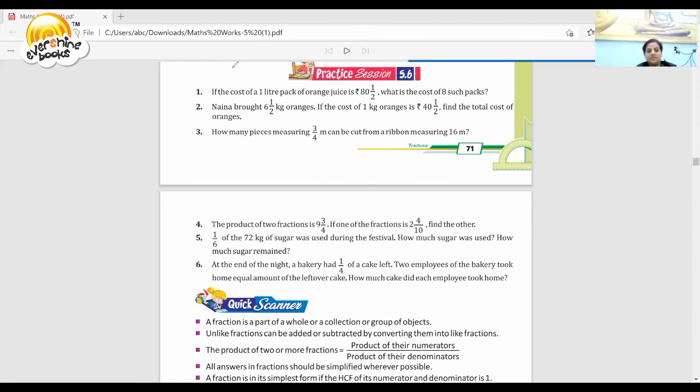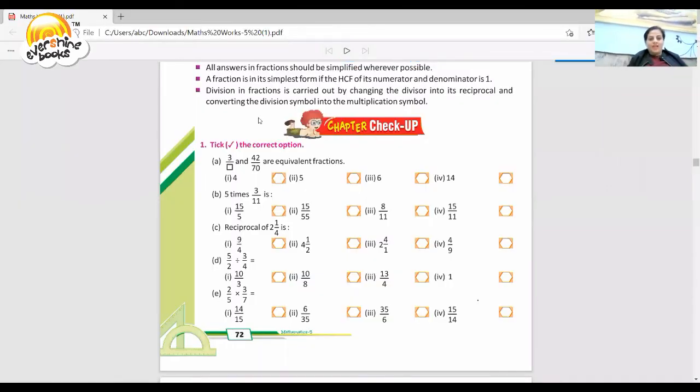Okay students, now we will do a quick revision. Quickly we are going to do our chapter checkup. In that, 3 and 42 are equivalent fractions. 3 14s are 42, and 14 5s are 70, so 5 will come here.